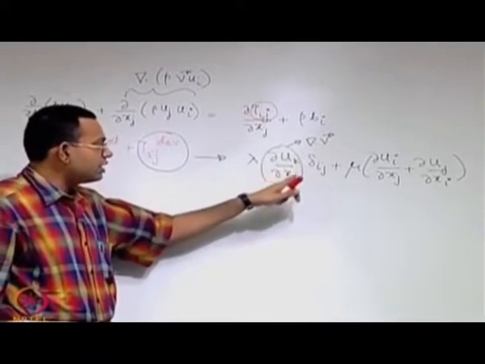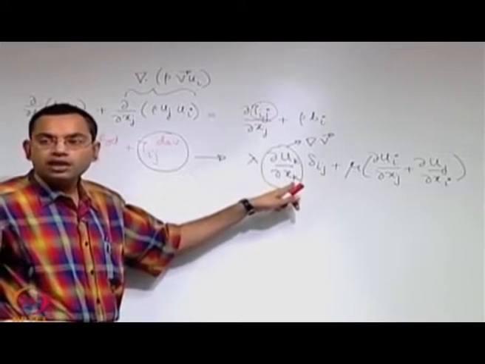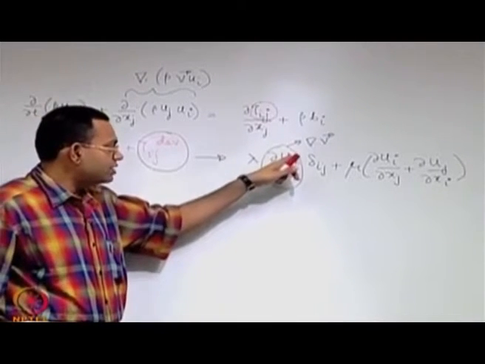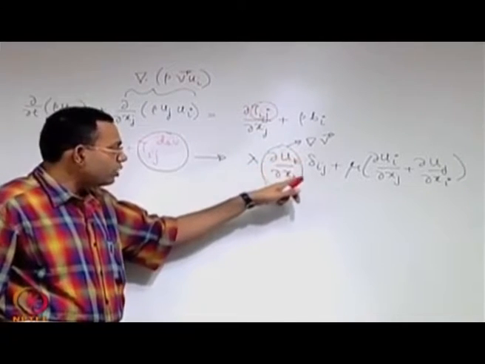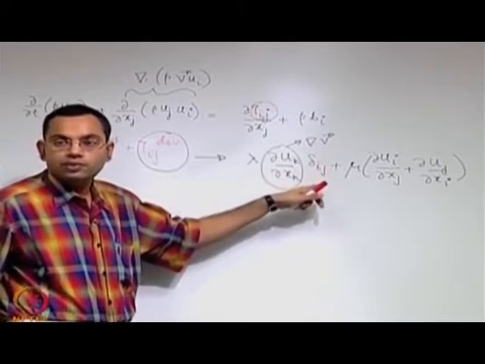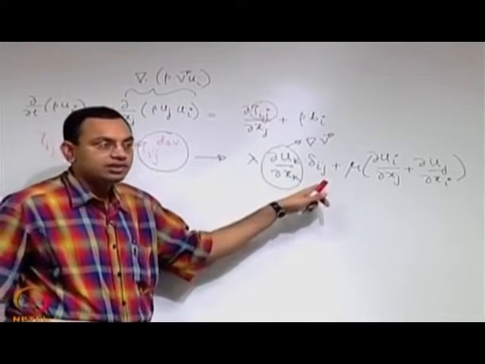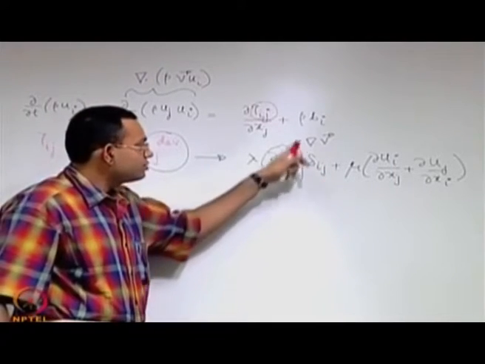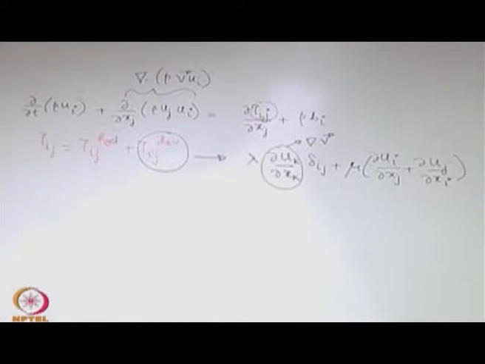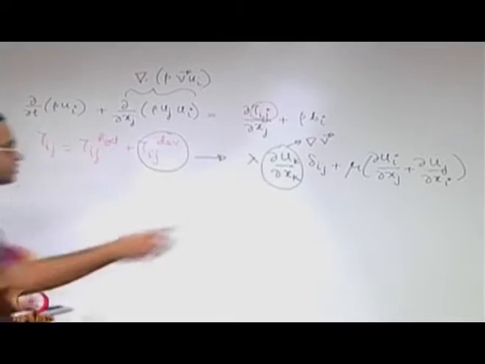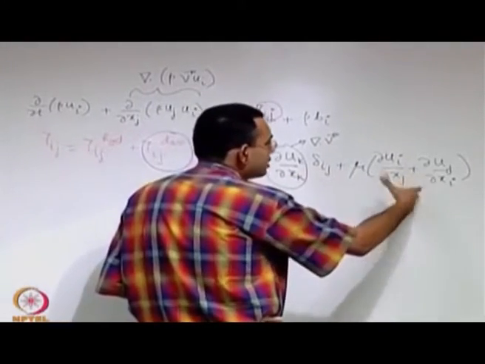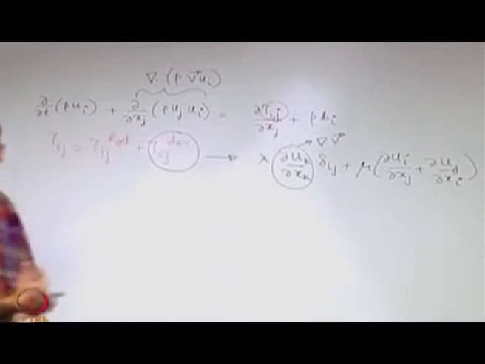See, here there is an index k which is a dummy index and it is repeated 3 times. So it is like the partial derivative of u1 with respect to x1, plus u2 with respect to x2, and u3 with respect to x3. So that is the divergence of the velocity vector. Since the divergence of the velocity vector gives an indication of the rate of volumetric deformation, this part is related to the rate of volumetric strain and this part is related to the angular deformation.